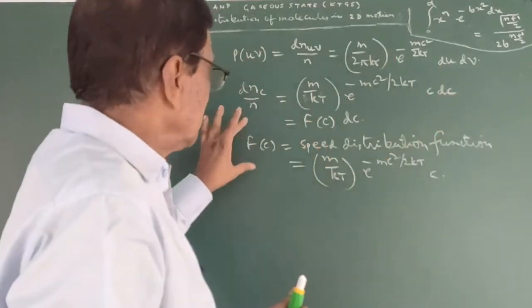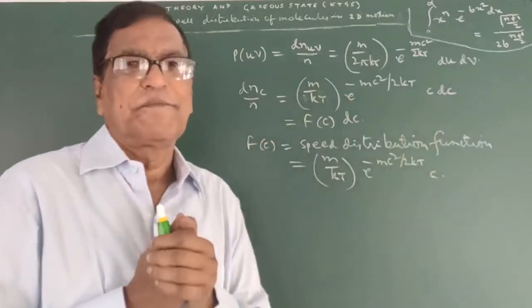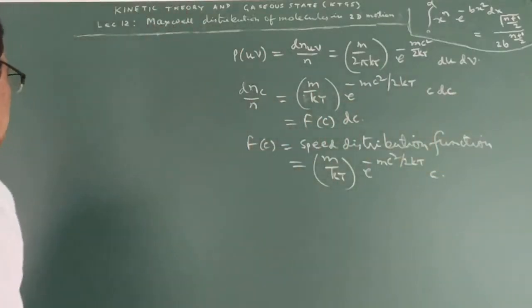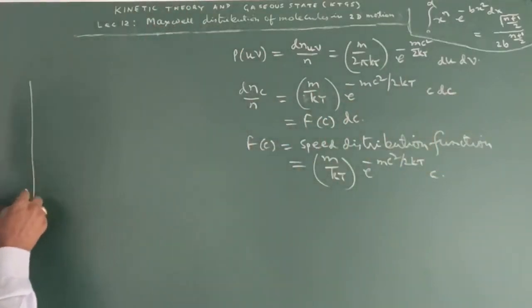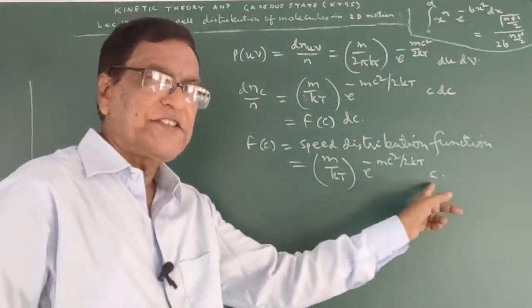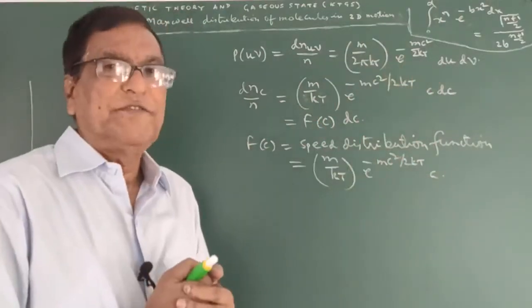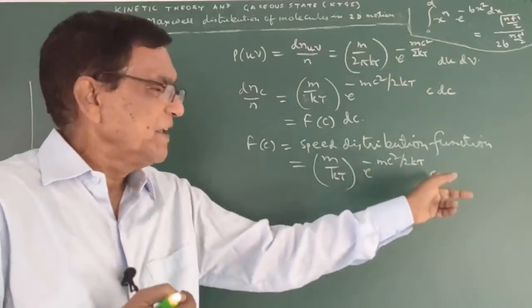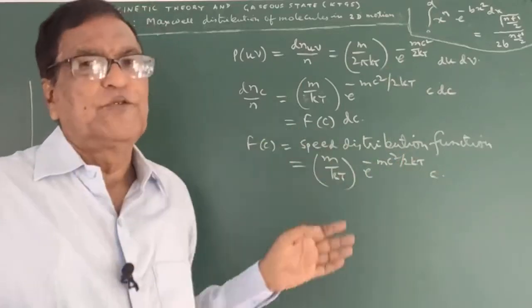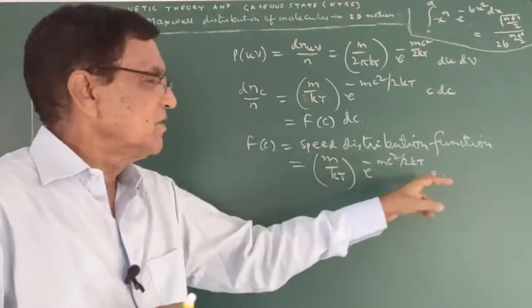So this is the speed distribution function. If we plot the speed distribution function, c has the range 0 to infinity. c will never be a negative value, and this is why this function contains c, no problem.